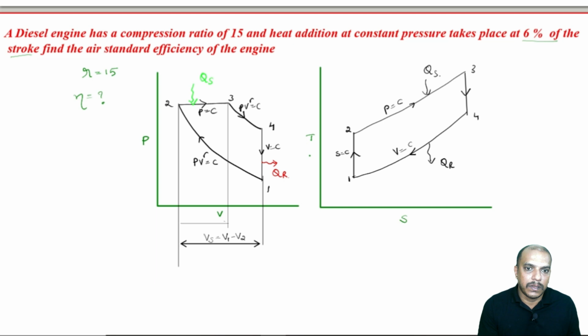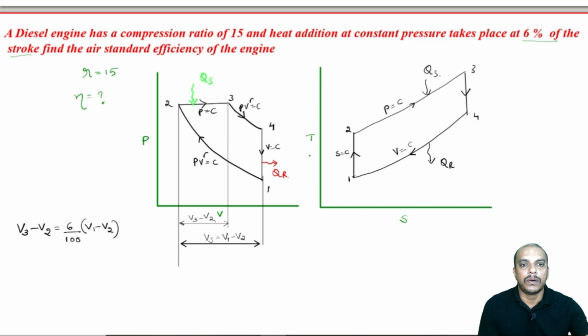This will be our heat addition taking place at constant pressure, so this will be V3 minus V2. So, mathematically, if we write this statement, V3 minus V2 is the heat addition at constant pressure taking place at 6%, so 6 by 100, of this stroke V1 minus V2.